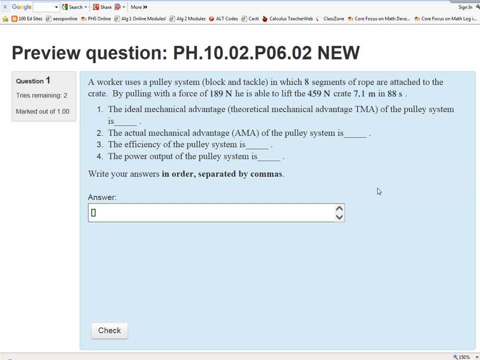That's actual mechanical advantage, which is how much the force is actually multiplied. But theoretically, we shouldn't even have to worry about the forces. So it's just 8. When we have a block and pulley, remember that the tension is equal.